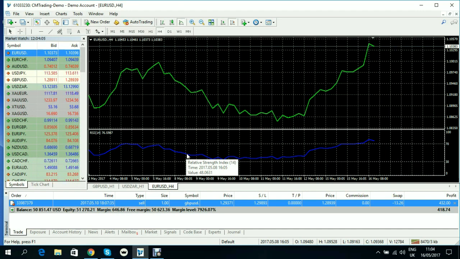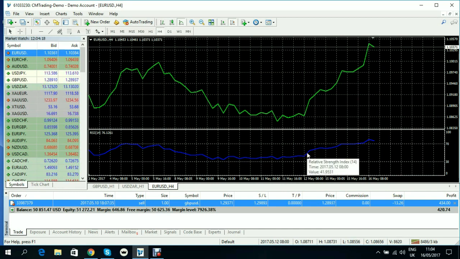That's like 49, 48, and below. Then it confirms that the trend will continue a downturn. And if it is above 50, then it's an indication that a buy trend will continue.